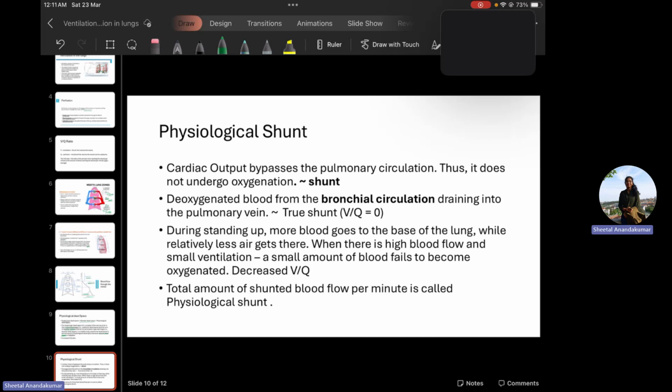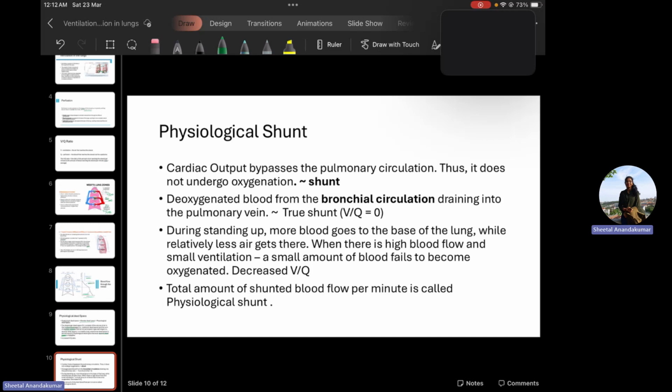This kind of condition could occur because of deoxygenated blood from the bronchial circulation, which does not get oxygenated in the lungs. Rather, it directly drains into the pulmonary vein and goes back to the heart, getting pumped to the systemic circulation.